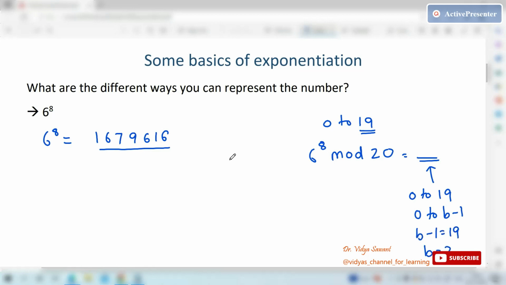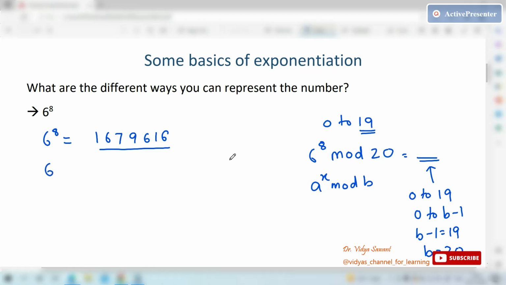So b minus 1 is 19, so b is equal to 20, and we typically write this as a raised to x mod b. If I want to reduce any large number into a number within a finite field of numbers, and in this case the finite field is between 0 to 19, we do modular arithmetic.